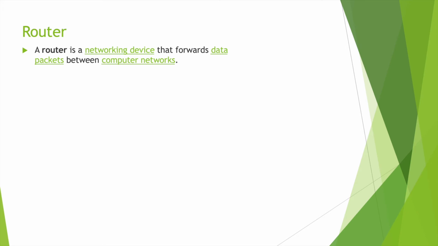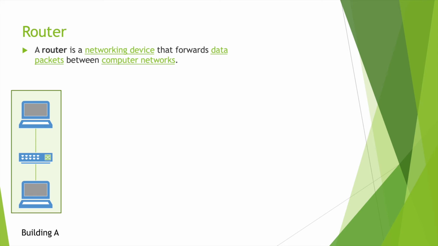Now the next topic is the router. By definition, a router is a networking device that forwards data packets between computer networks. So what exactly does it mean in real life? Think of it, this is one network, as we saw in the previous slide, where you have 2 client machines connected to each other using a switch.